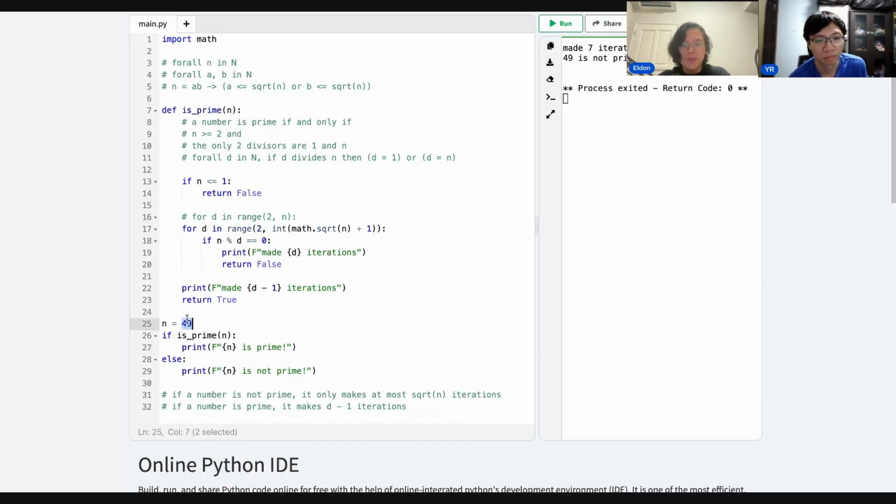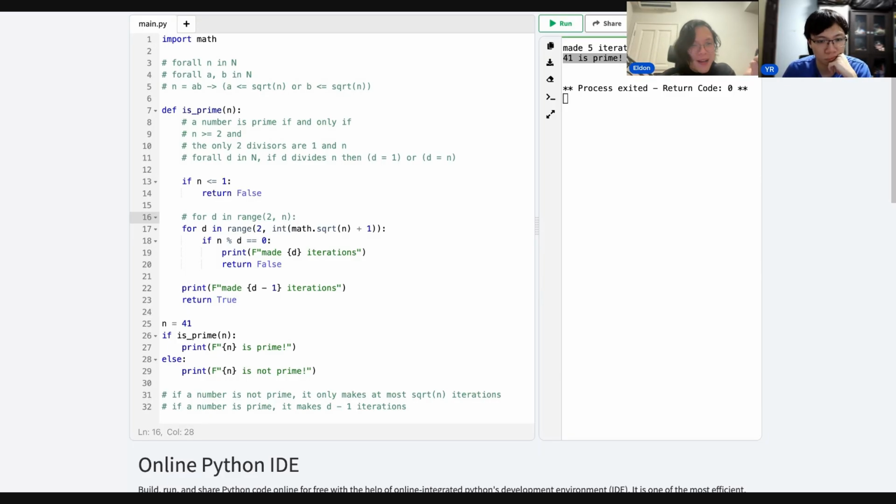But something that's obviously prime, like 41, you only have to make 5 iterations now to argue that it is prime, whereas the previous program had to run 40 iterations. We've sped our primality testing program up.